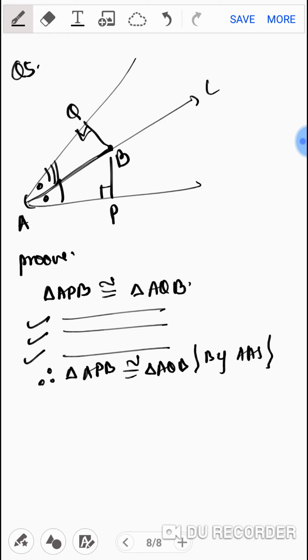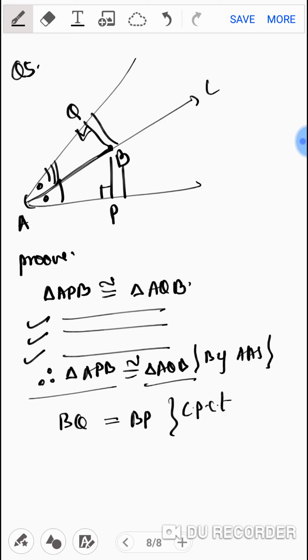The other thing you have to prove is BP is equal to BQ. Once the two triangles are congruent, you can take any part of one as congruent to the corresponding part of the other triangle by writing CPCT. Clear, my dear kids? Okay.